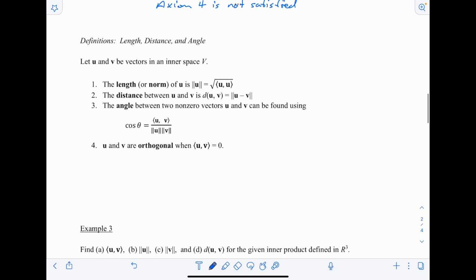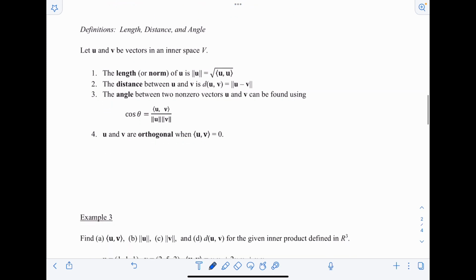Let me make a couple of comments here. First, since we're talking about length, if the length of a vector is 1, recall that it is a unit vector. So we'd say that u is a unit vector, a vector with length 1.